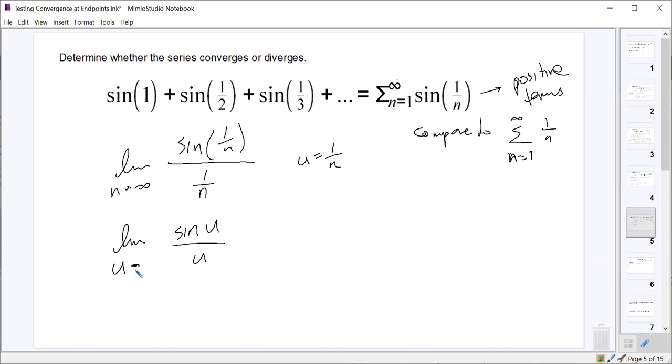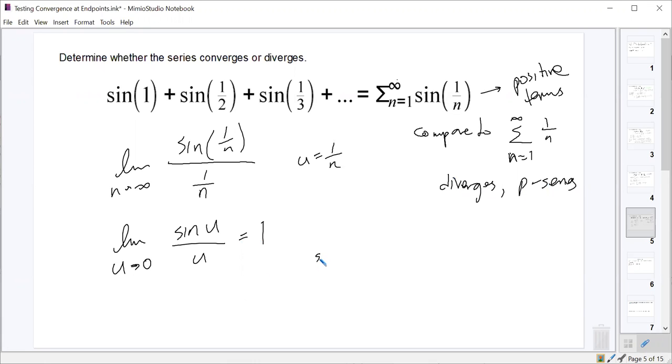Well, if n approaches infinity, what does u approach? u approaches 0. And so what do we get? We get 1, which tells us that since this is a finite value between 0 and infinity, either our series and 1 over n both converge, or our series and 1 over n both diverge. And what do we know about 1 over n? It diverges by the p-series test.